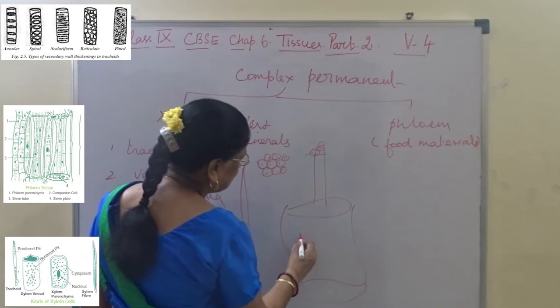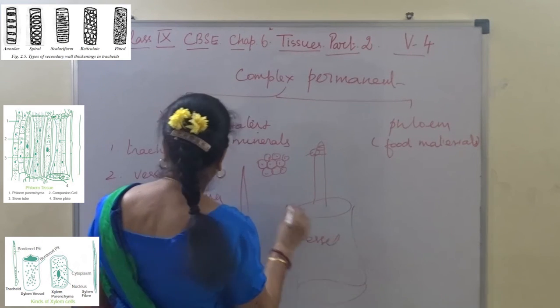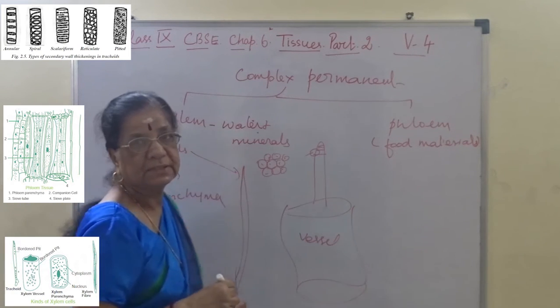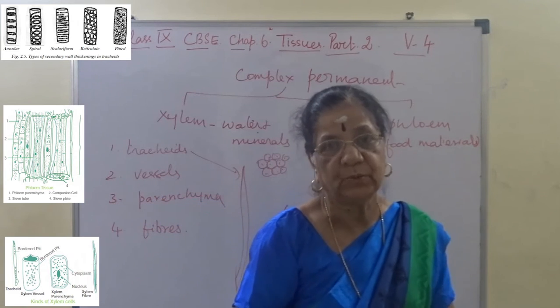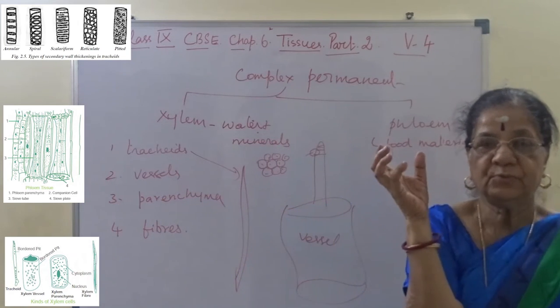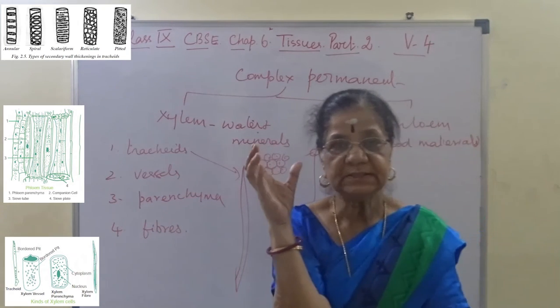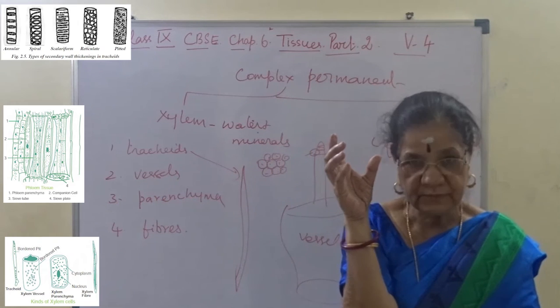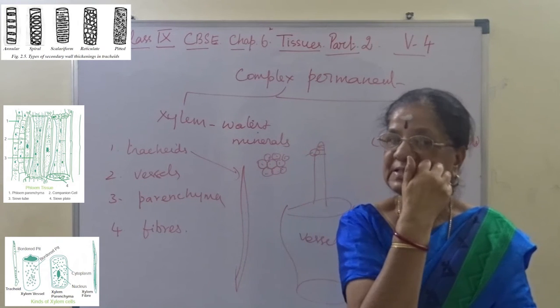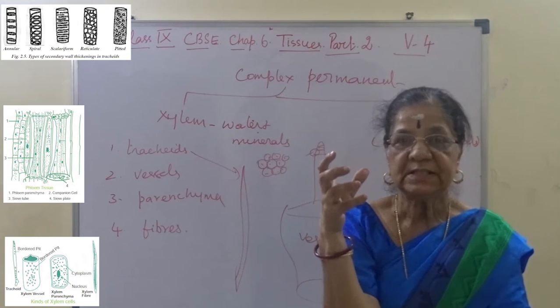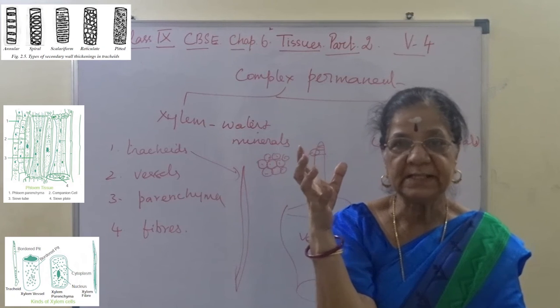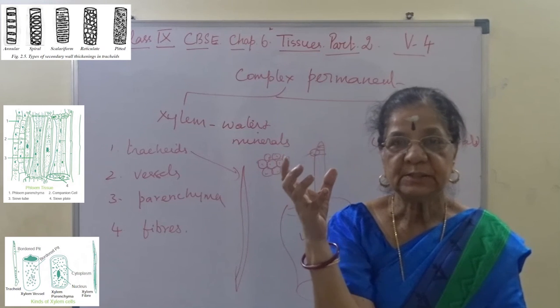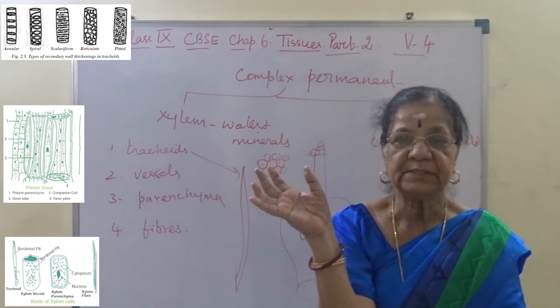So this is xylem vessel. This is xylem tracheid. That's okay. So xylem tracheids and vessel, they are very long pipeline-like structure with the xylem thickenings. Xylem thickening, they are nothing but cell wall materials.